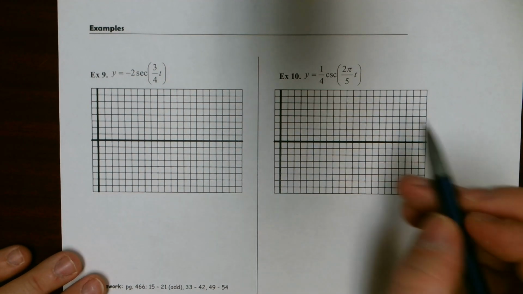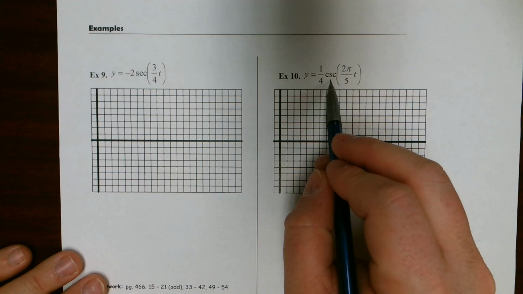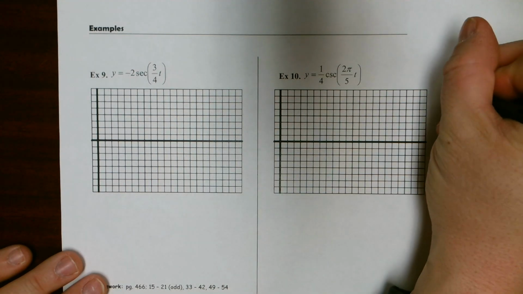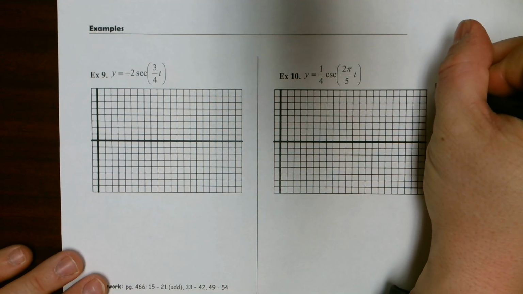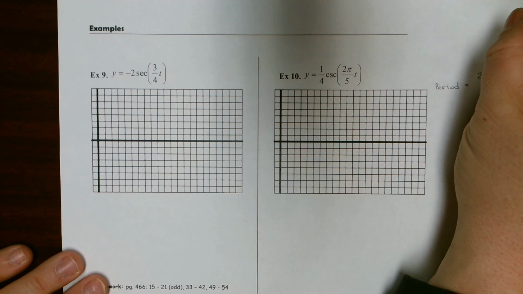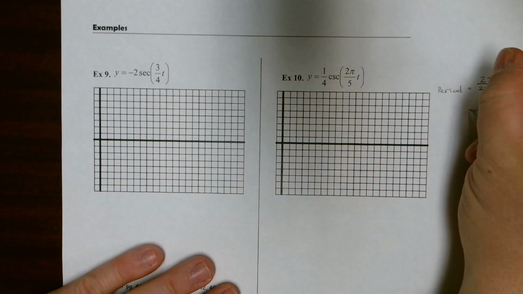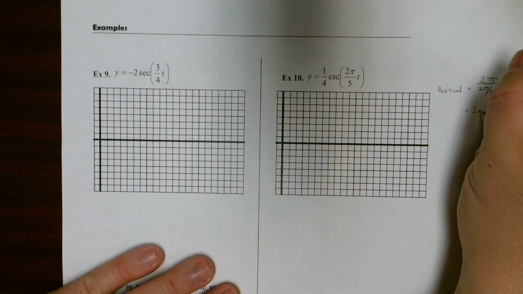Let's not get too excited here. So we know we're drawing cosecant, so we're going to be starting by drawing sine. Let's figure out what this period is first. The period is 2 pi over b, which is 2 pi over 5 is our b value. So you guys know how to divide fractions.